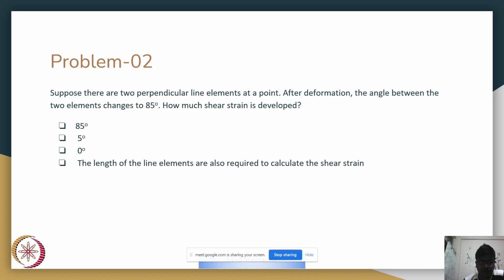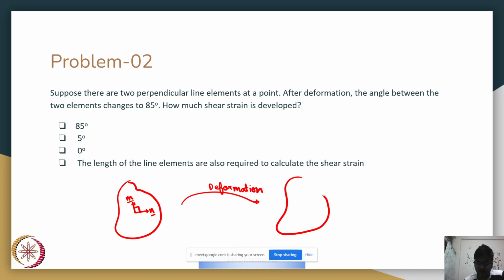The second problem asks, suppose there are two perpendicular line elements at a point. So this is our body and these are our two line elements n and m, perpendicular to each other. After deformation, the angle between these two changes to 85 degrees.